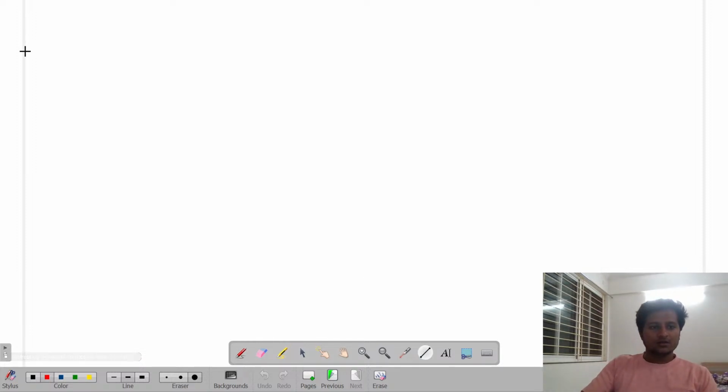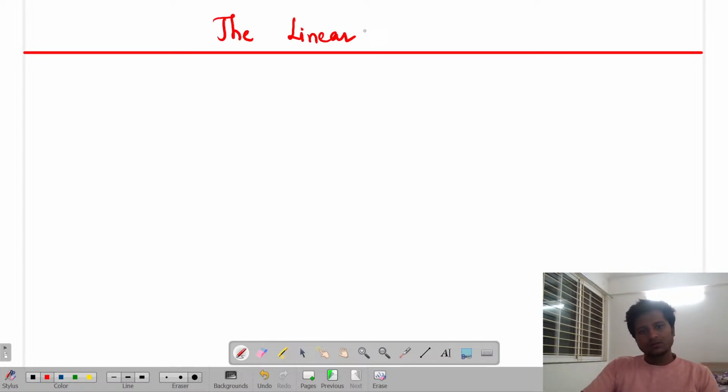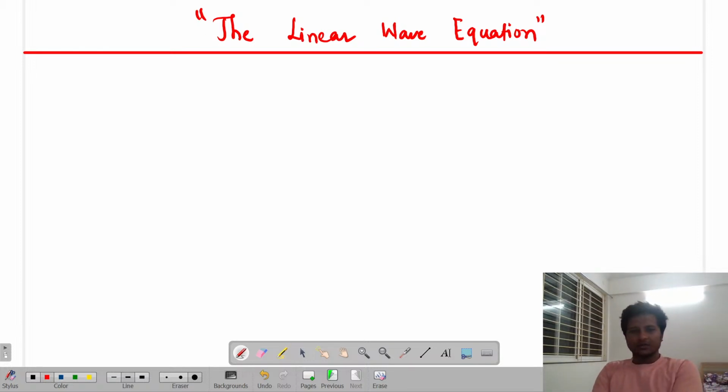So give the heading: the linear wave equation. Just like SHM, this is also something which we will understand. Okay. Give the heading linear wave equation.